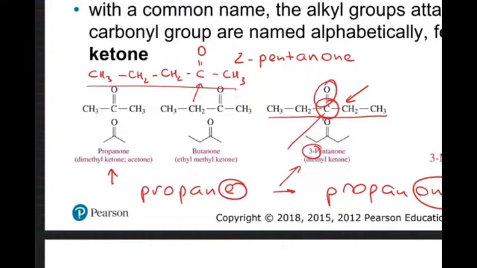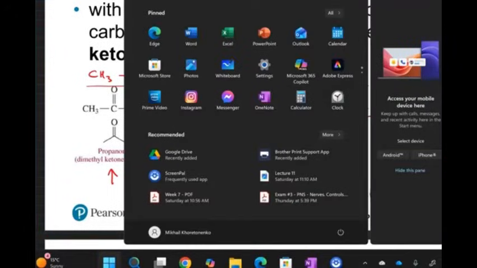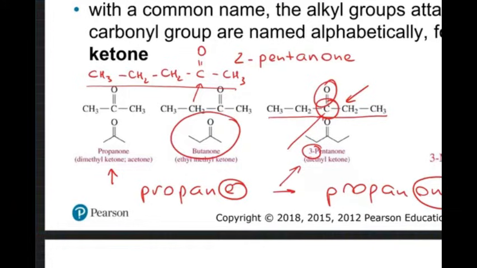Now, why do we not assign any numbers here? Because if you make a molecule that looks like this, let me get rid of that part.